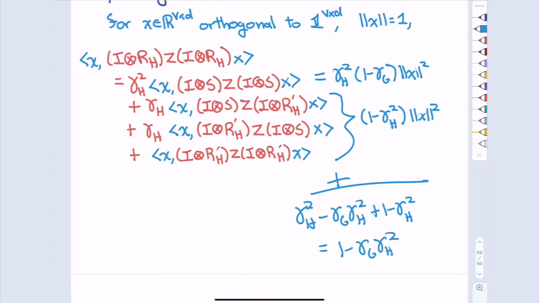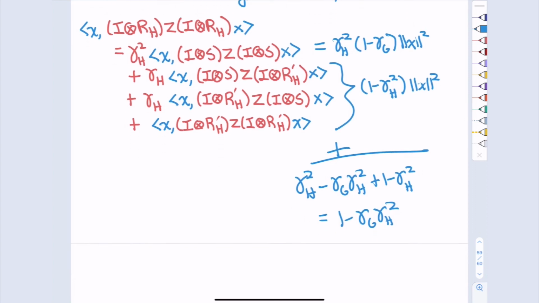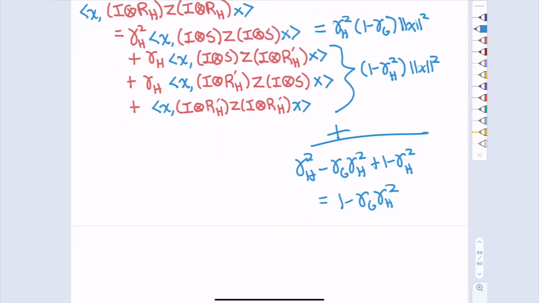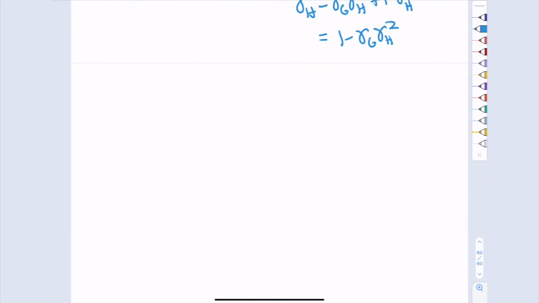This will bound any second eigenvalue. Okay, which implies that the spectral gap is 1 minus this thing, which will give you gamma g gamma h squared. Okay, all right, that's it.